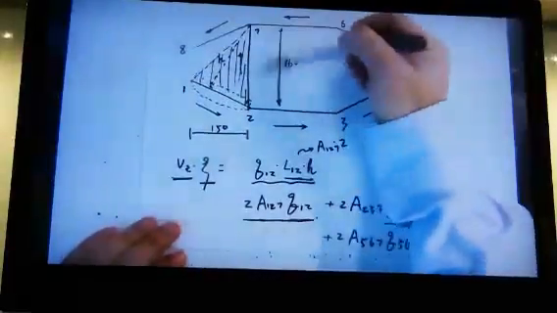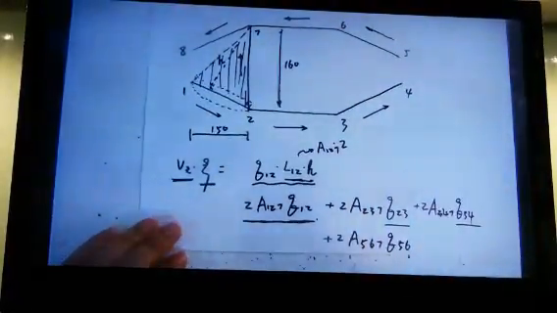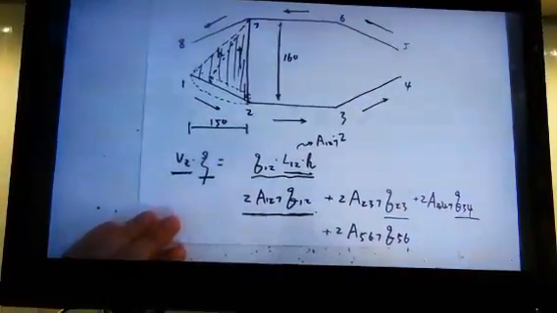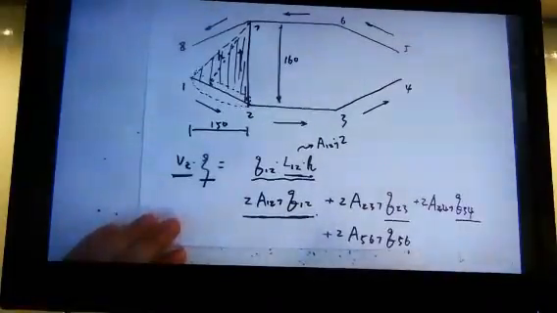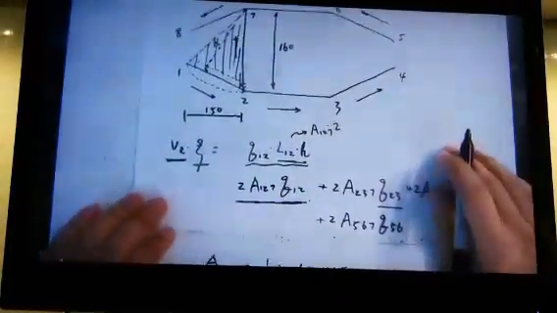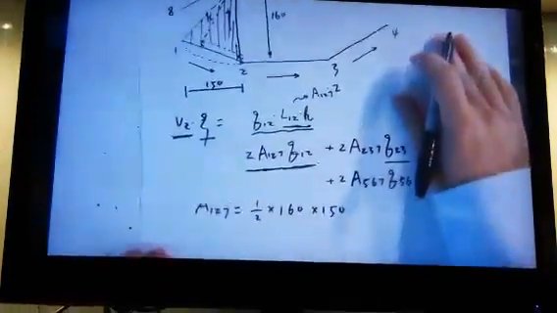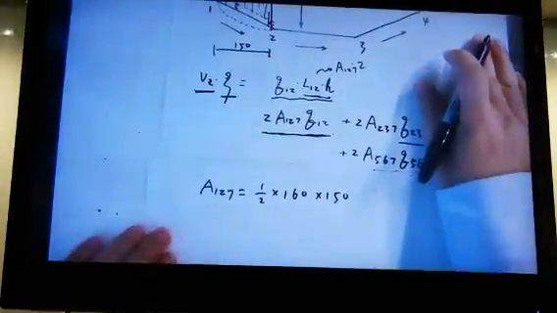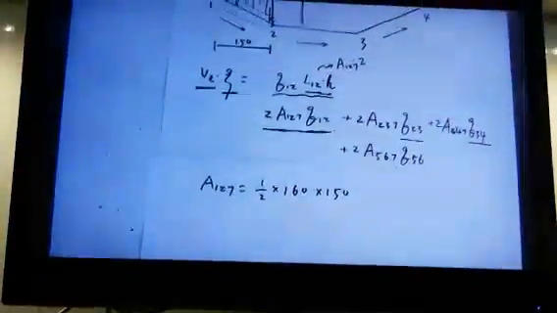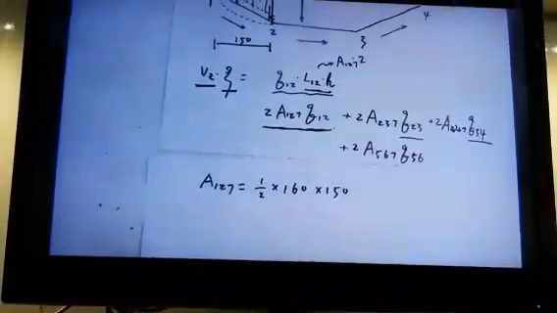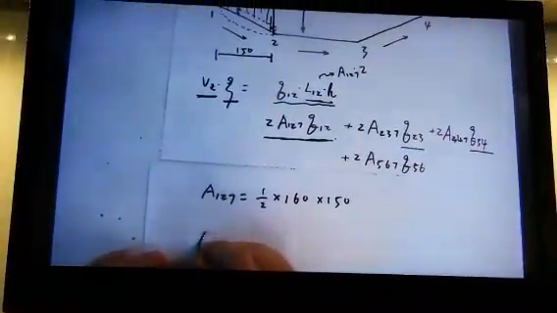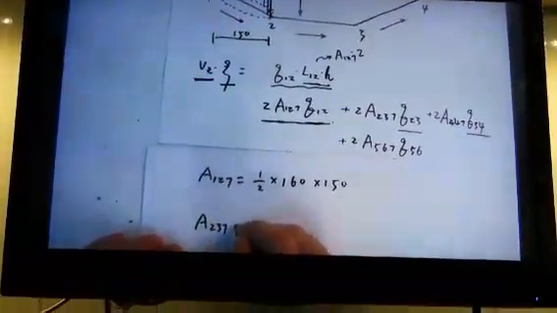I'm guessing the area 1 to 7. Okay, so 1/2 times 150. It's not perpendicular. It goes straight through. This is A 1 to 7. I think the derivation comes from the moment. And follow the same idea, we can calculate A. But I might be wrong. But I'm pretty sure that's it.